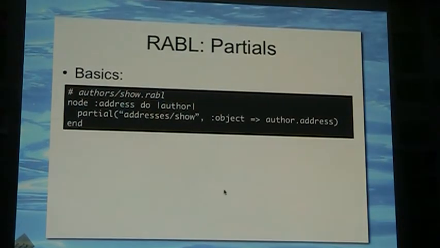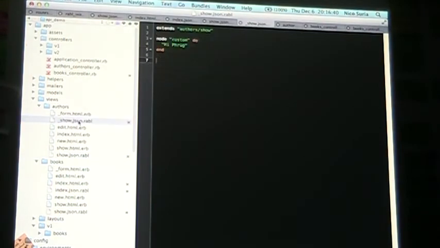And then RABL partials. RABL allows you to do partials similar to other templates like Haml. An example of a partial we're using is show.json here. Ignore the extends for now.